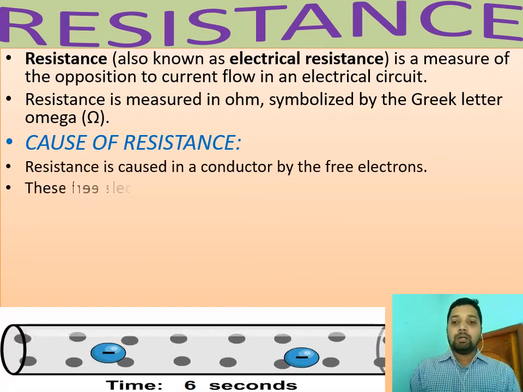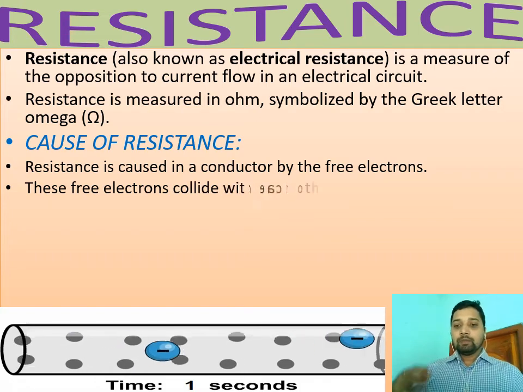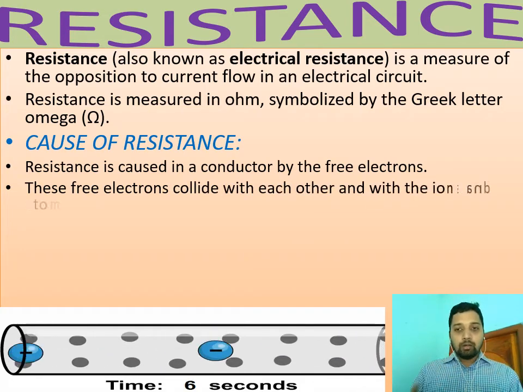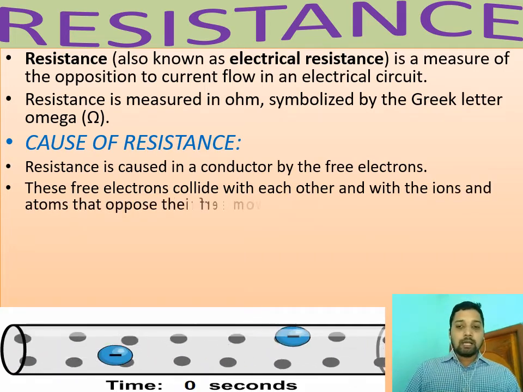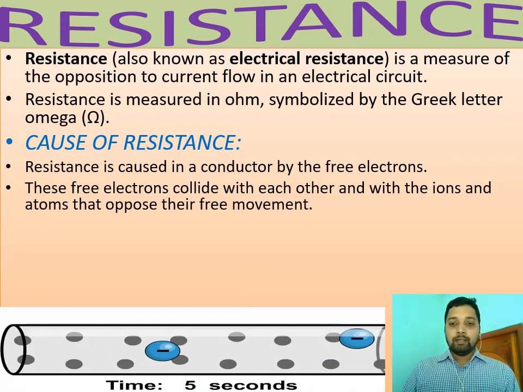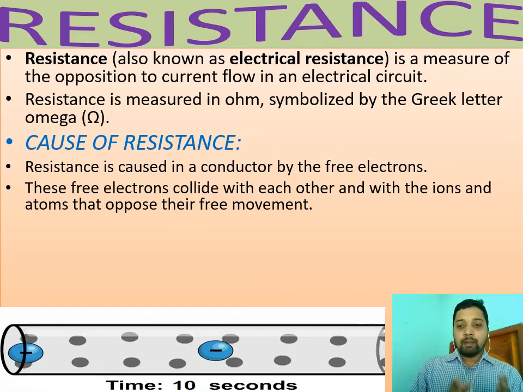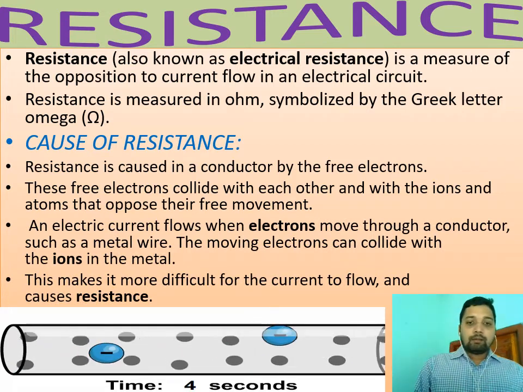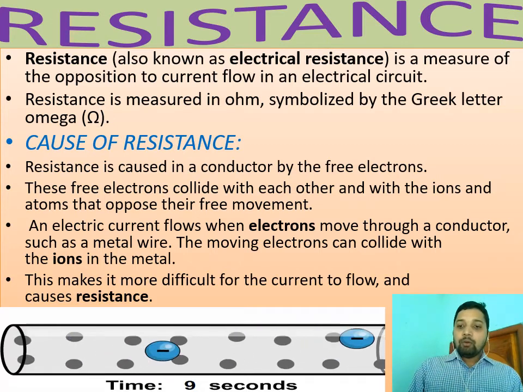Resistance is caused by free electrons: whenever free electrons collide with each other, or collide with the ions or charged particles moving from one side to another, they oppose the motion and it gives resistance. When you compare metal and non-metal, in metal the free electrons are more, but still they allow the current to pass.